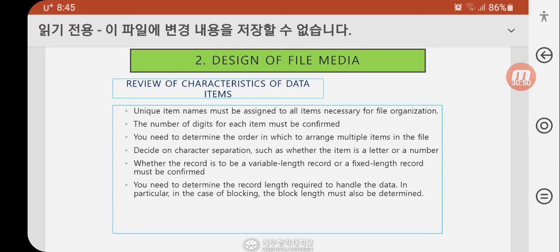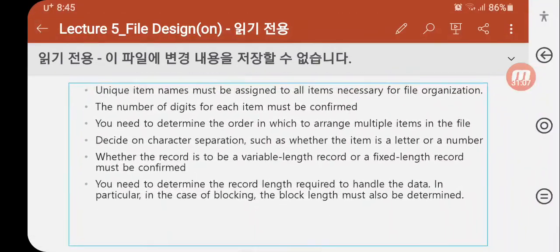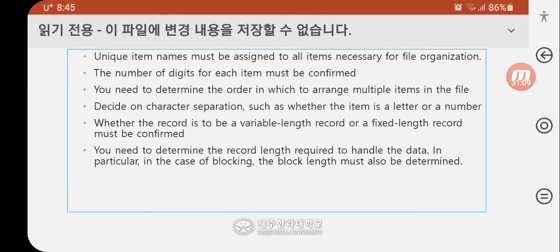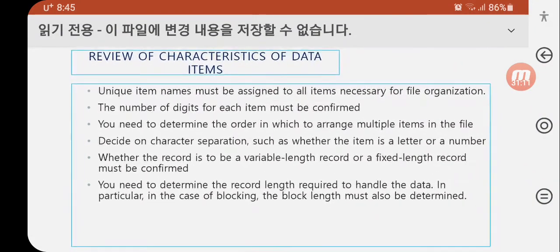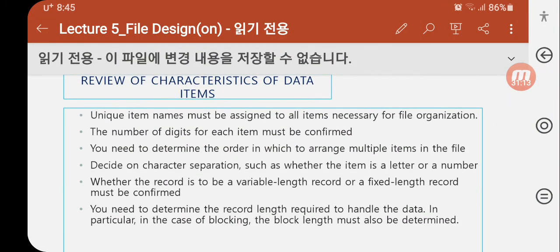And review of characteristics of data items. Unique item names must be assigned to all items necessary for file organizations. The number of digits for each item must be confirmed.